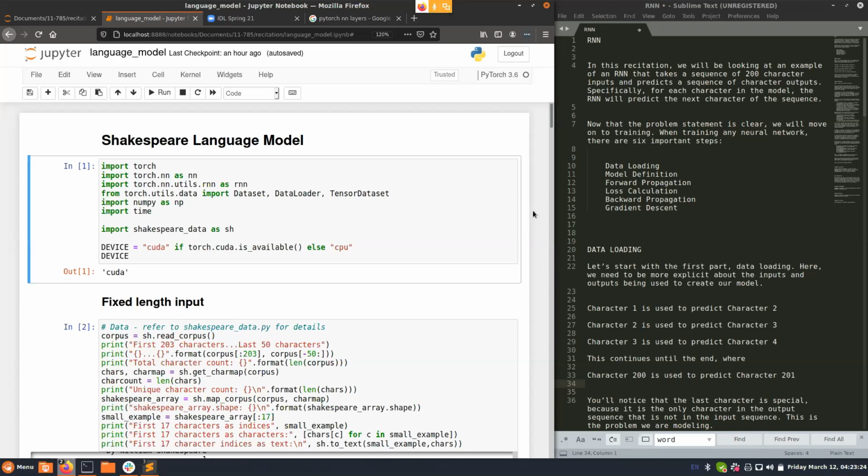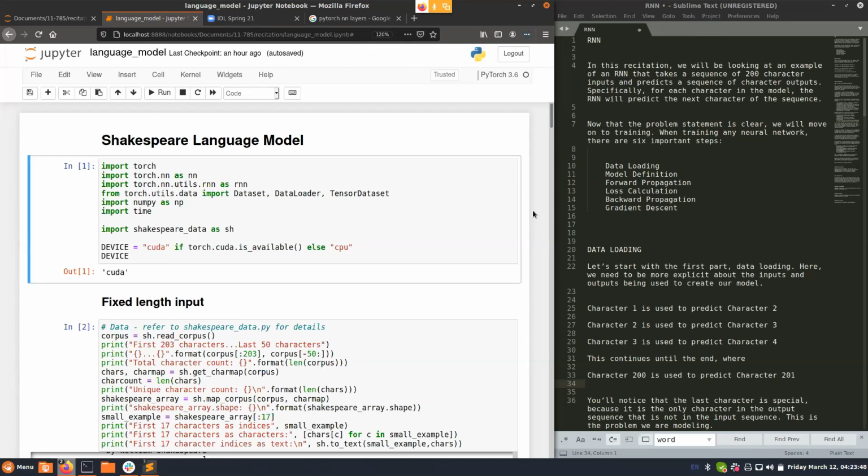Just as a little overview, when thinking about neural networks in general, there are usually 6 core steps: data loading, model definition, forward propagation, loss calculation, backward propagation, and gradient descent. We'll be going over those now.